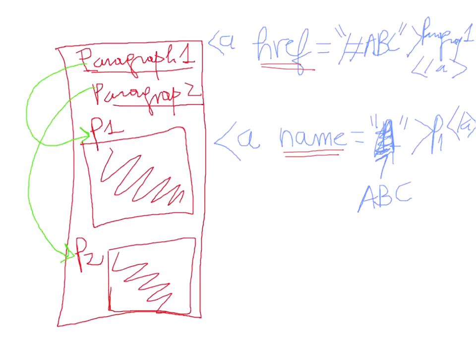In the name we specify a name, which can be any name, like ABC here. After that, we use the hash with the name. Is it clear how we can create an internal link in the web page?